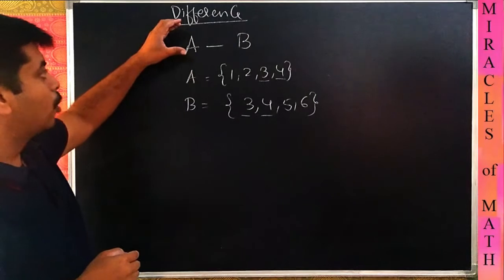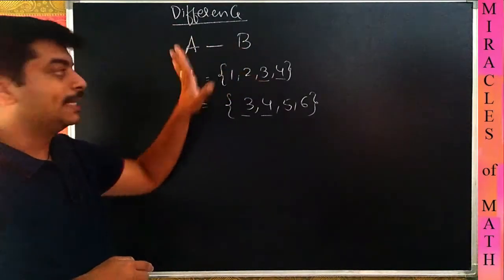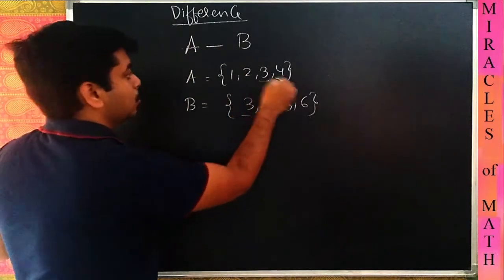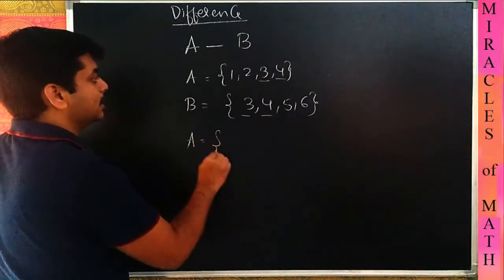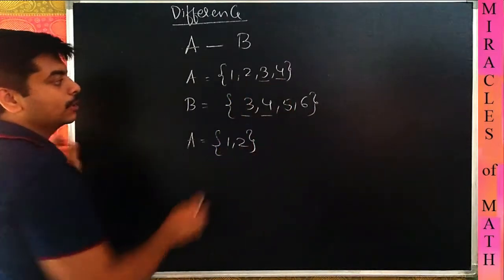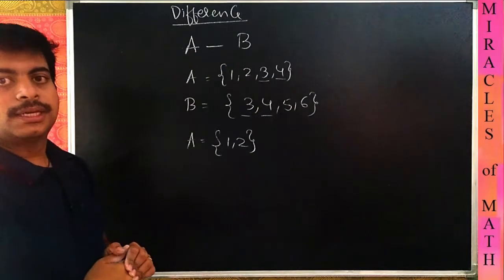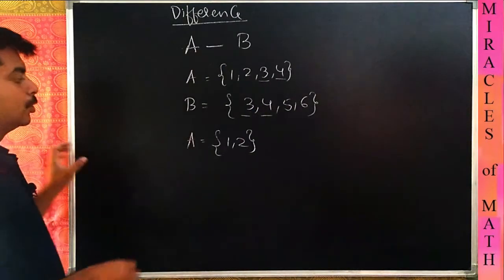But we need to write all the elements of A and I don't want B in that. So if you remove these two, you will get just 1, 2. Only 1, 2. 3, 4 should not be included because we are subtracting B. Correct. So A minus B is equal to 1, 2.